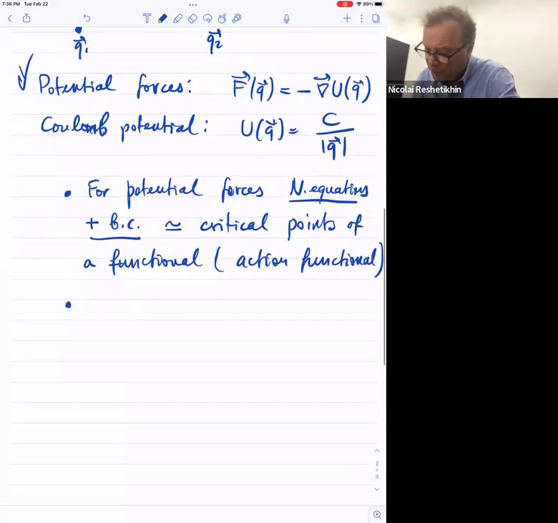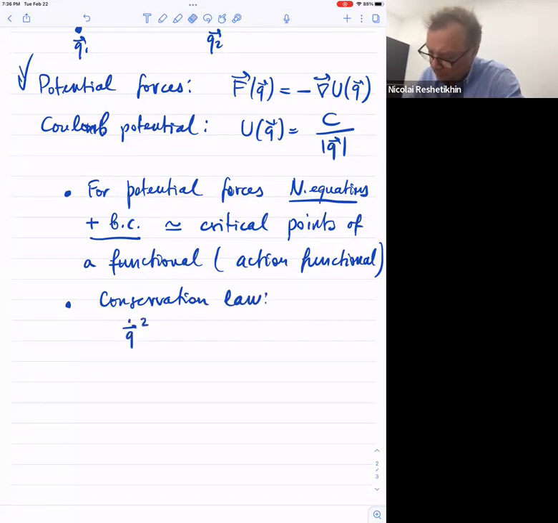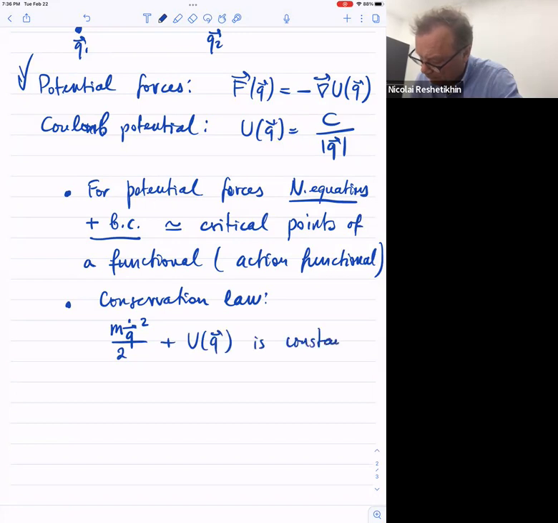The other thing that happens for potential forces is that there is at least one conservation law. The quantity q dot squared divided by 2, plus u of q, is constant along each trajectory.